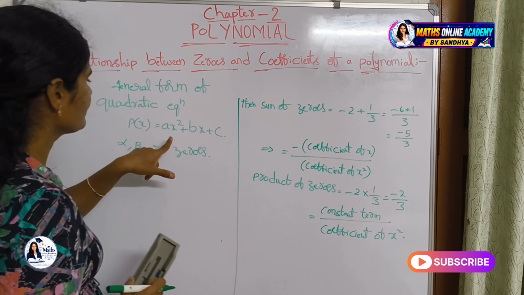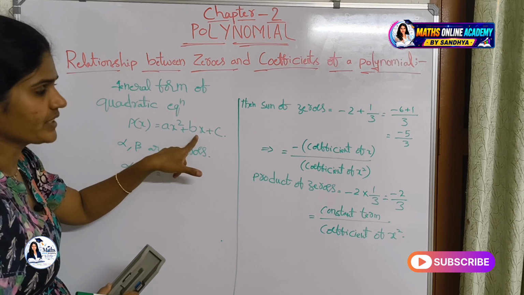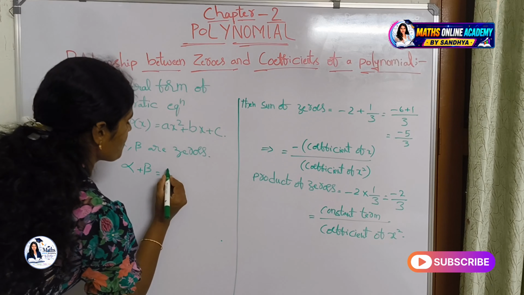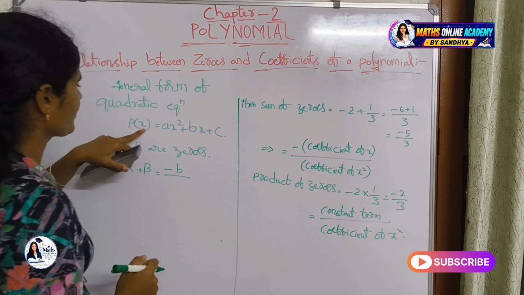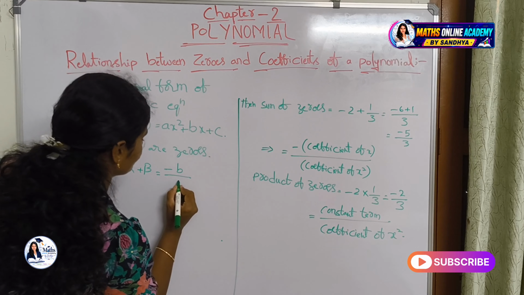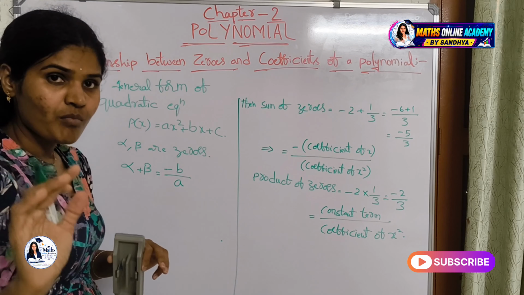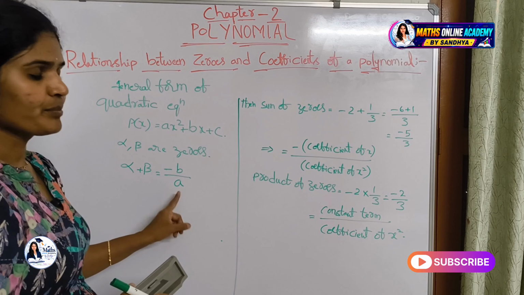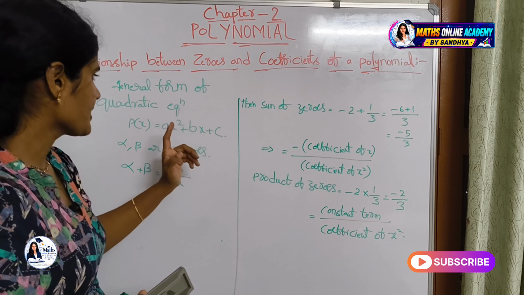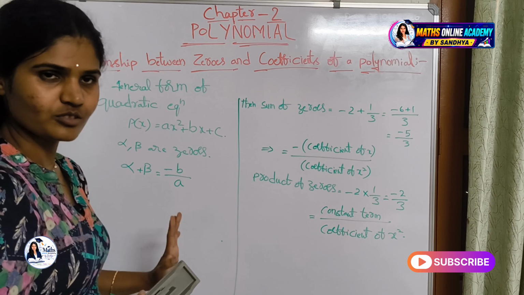Minus coefficient of x. What is the coefficient of x? b, and minus is there. So minus b by the coefficient of x square, a. So sum of zeros equal to minus b by a, that means minus coefficient of x by coefficient of x square.